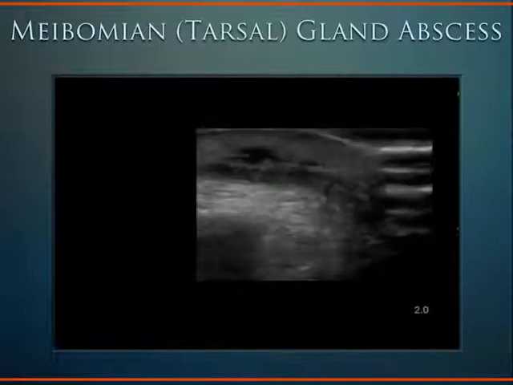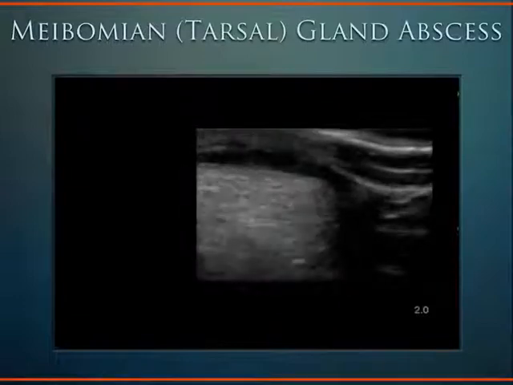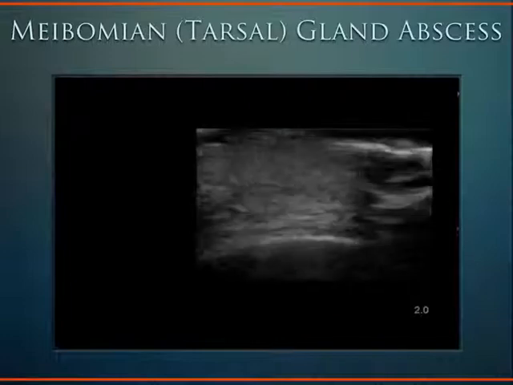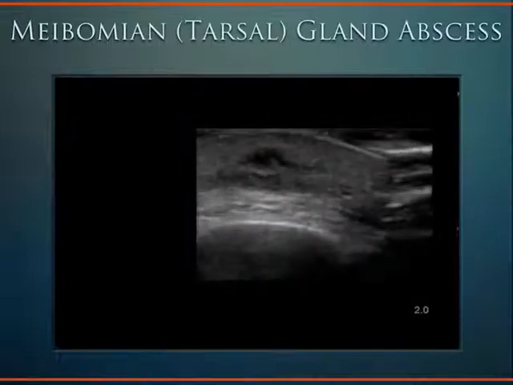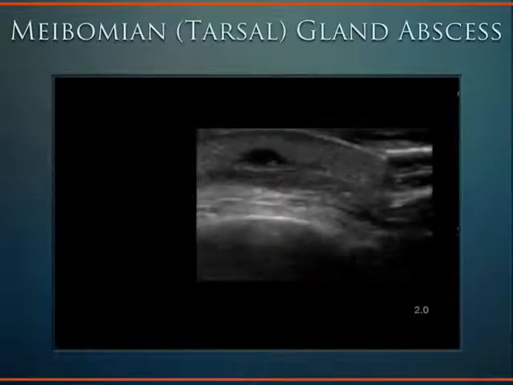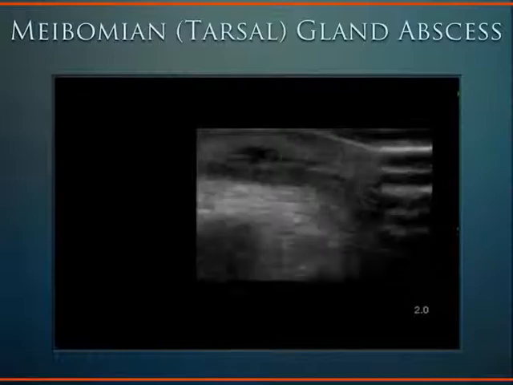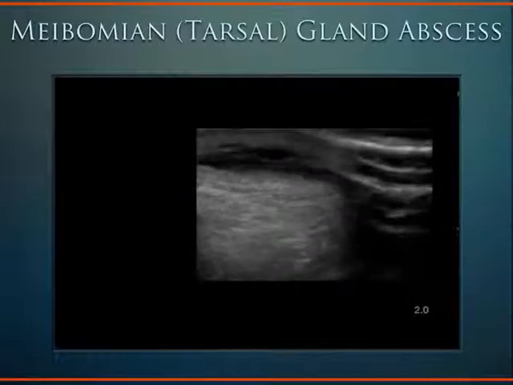They prevent tear spillage onto the cheek, and it traps the tears between the oiled edge and the eyeball and makes the closed eyelids airtight. There are about 50 of these glands in the upper eyelids and 25 in the lower eyelids. They're named after Heinrich Meibom, a German physician back in the 1600s.